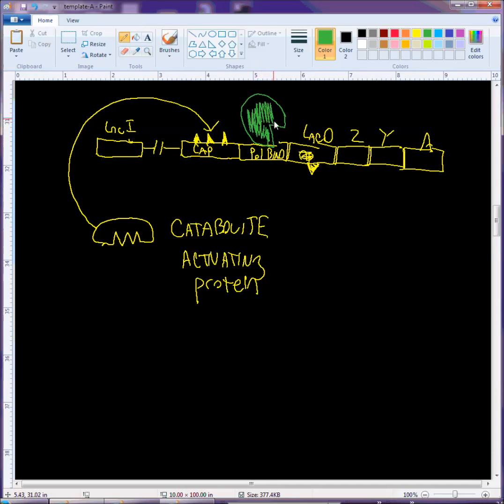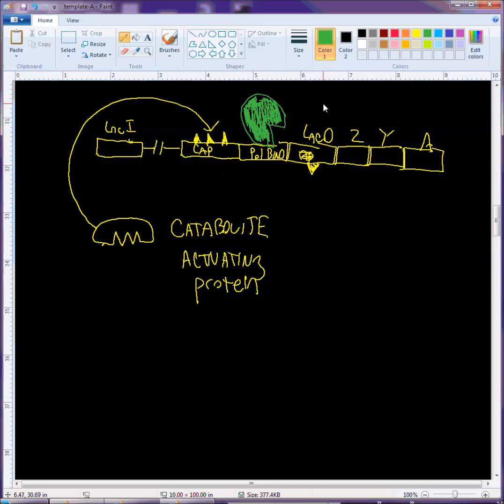So it greatly increases the rate of RNA polymerase binding and transcription of the operon. But CAP does not always bind to that site.